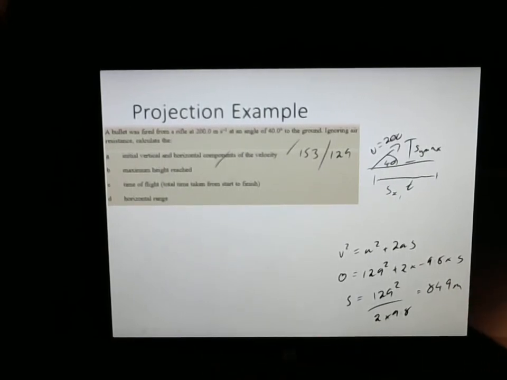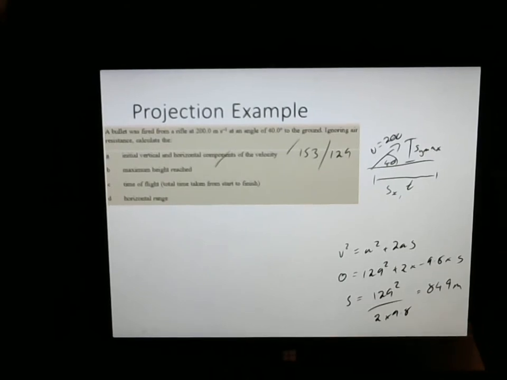So time of flight, let's work out firstly the time it takes to get to its maximum, and then we can just divide by 2.